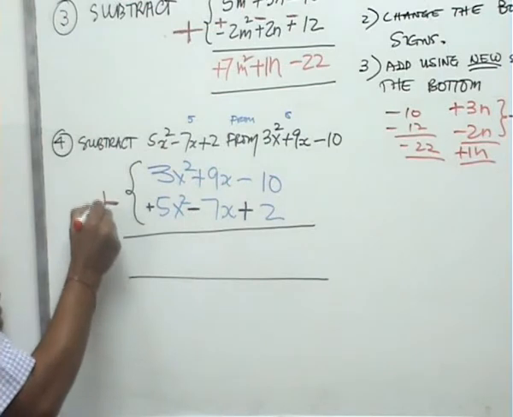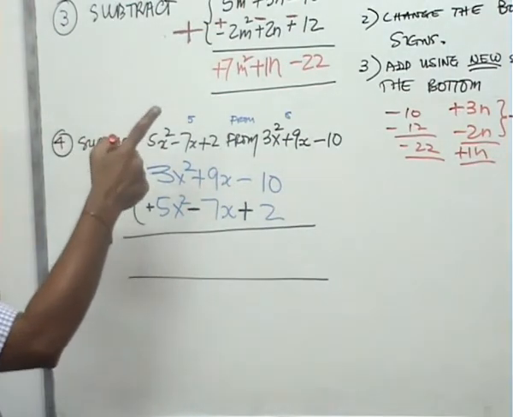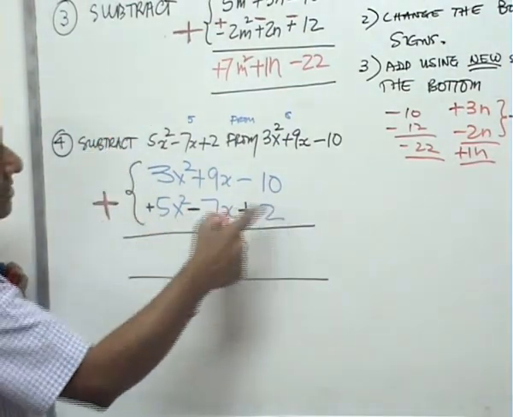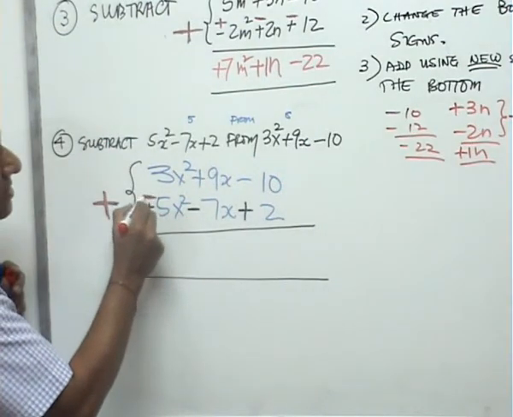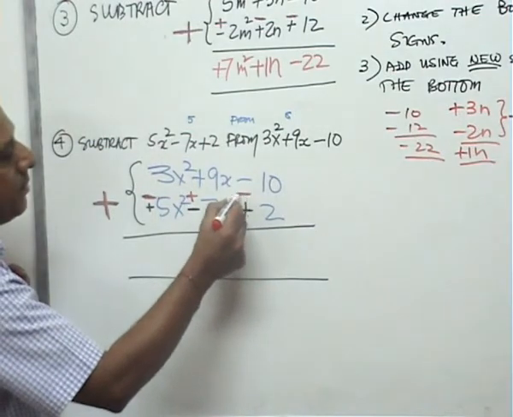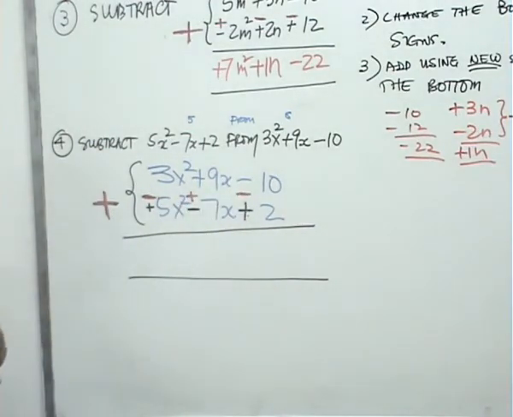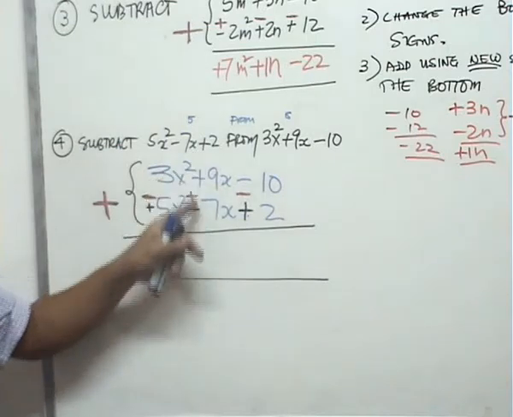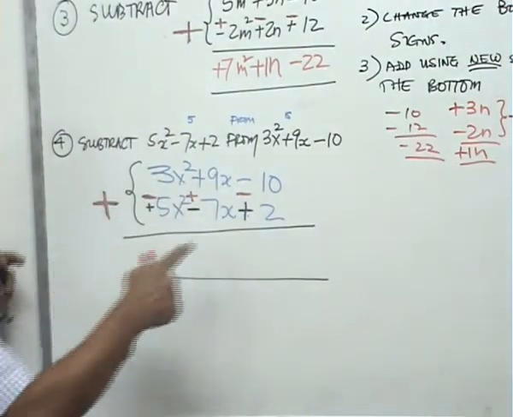So there's the minus, it is changed to plus. Number 2, change the bottom signs. So this will become minus. This will become plus. This will become minus. And then it says, add them using the new signs.